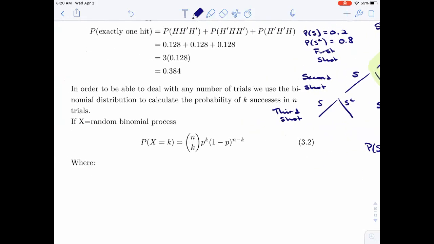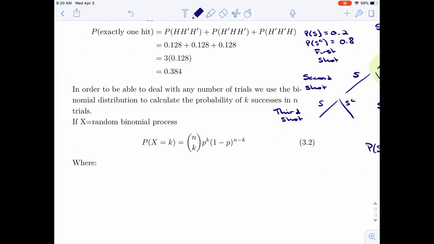Okay. So we're going to talk about K as the number of successes. In our case, we were looking for exactly 1 success in 3 trials, right? So then N is 3. For the binomial, we've got this formula.